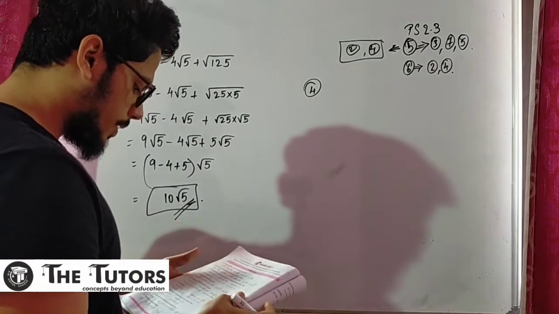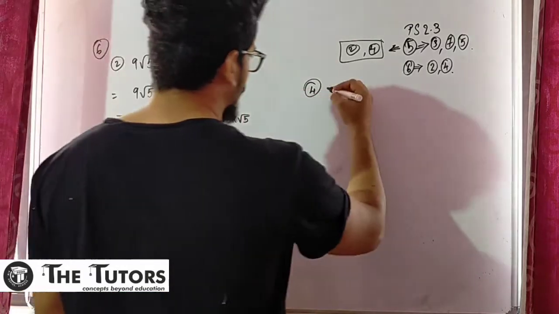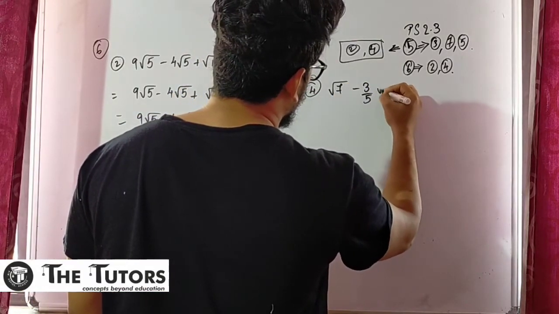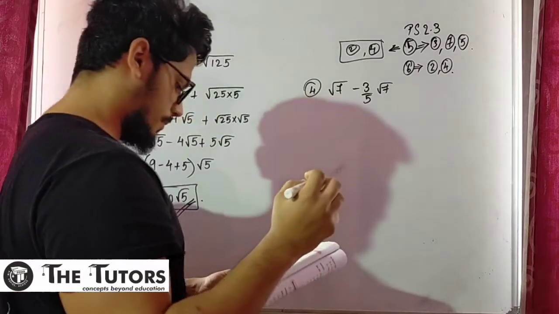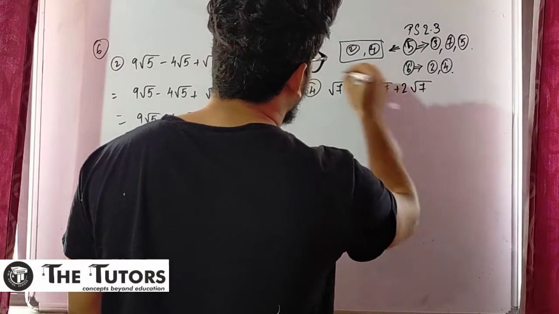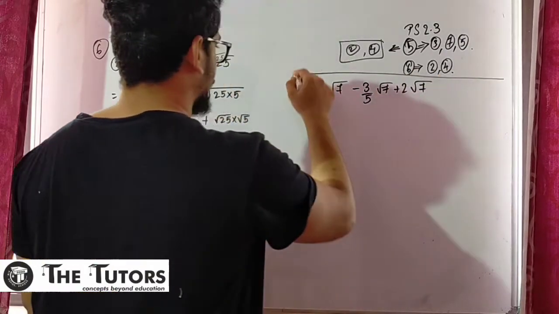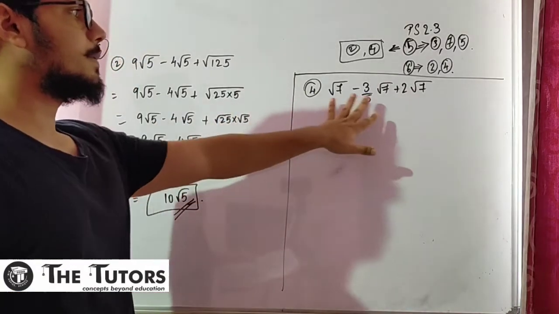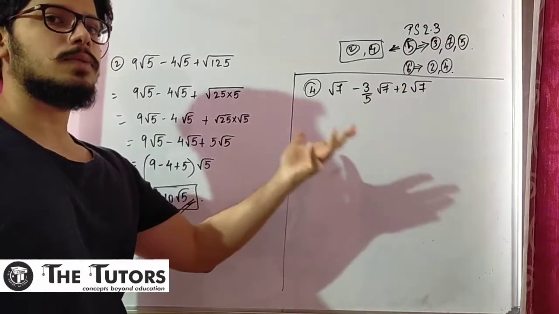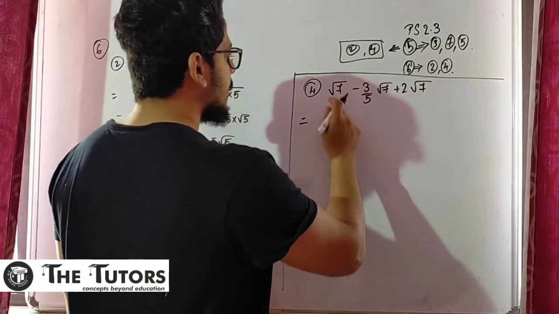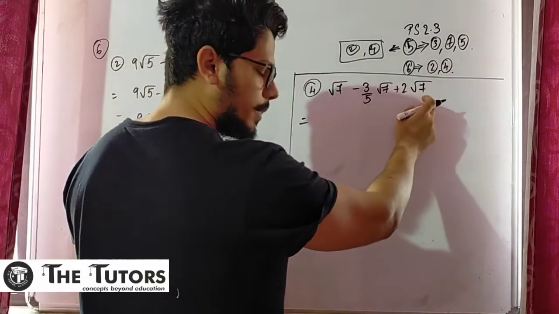You take the fourth question. Root 7 minus 3 upon 5 root 7 plus 2 root 7. Now if you see here, हर एक सर्ड आपको रूट 7 में ही दिया हुआ है, आपको सिर्फ सब्ट्रैक्ट करना है या ऐड करना है आगे कैलकुलेशन में. यहाँ पे भी रूट 7 है, यहाँ पे भी रूट 7 है, यहाँ पे भी रूट 7 है.